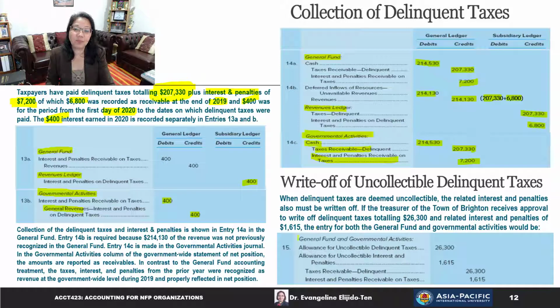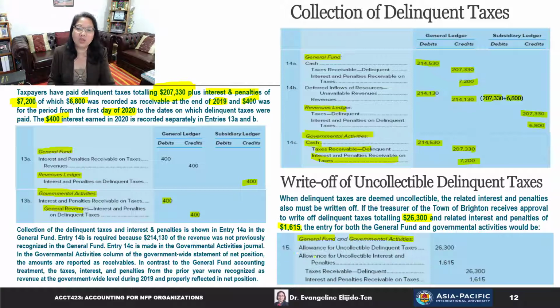It will be the same journal entry for general fund as well as for the governmental activities. So here we will be debiting allowance for uncollectible delinquent taxes of 26,300 as given here. So we got the approval to write off 26,300, and the related penalties and interest of 1,615.